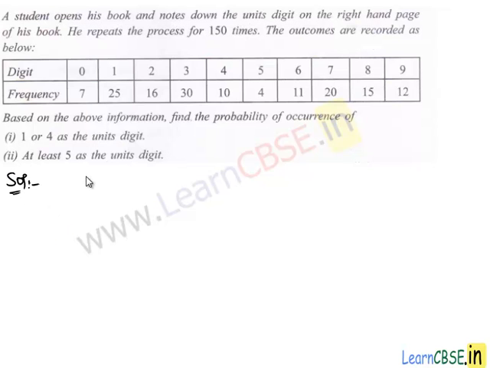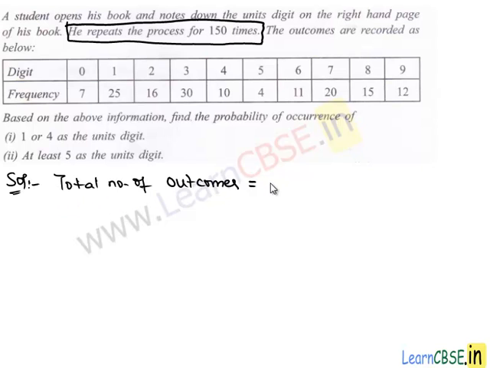In this experiment, the student opened his book 150 times. Here it is given that he repeats the process for 150 times. Therefore, the number of trials, that is the total number of outcomes, is 150.